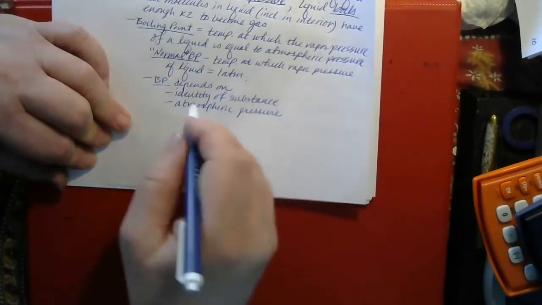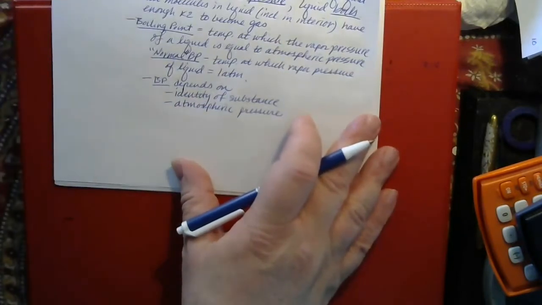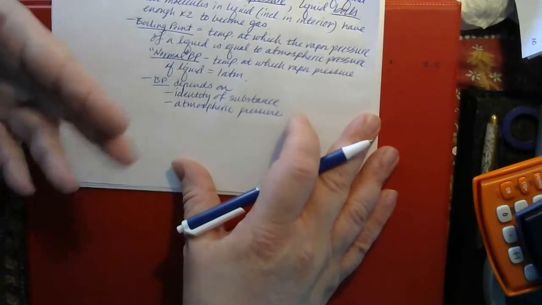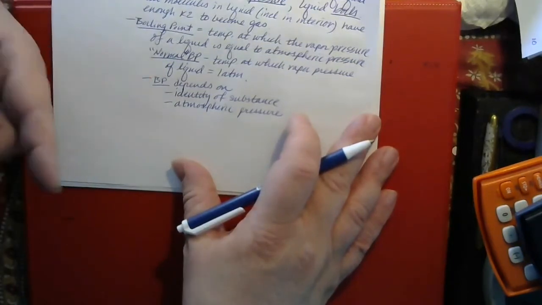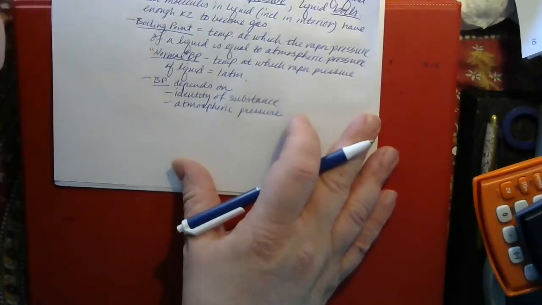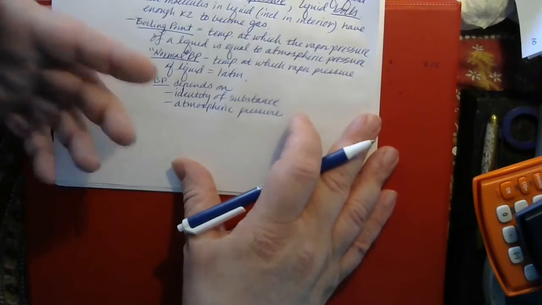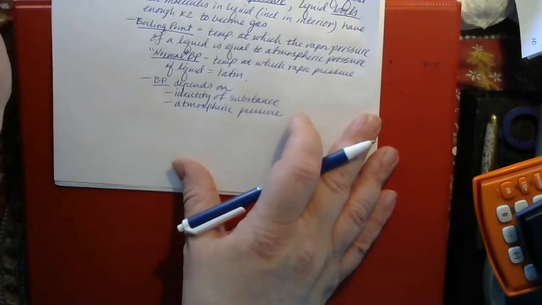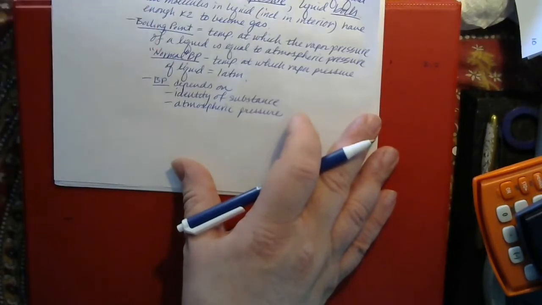I think I mentioned before about how places like Denver, Colorado, that are far above sea level have to have special cooking instructions for anything that involves boiling water, because their atmospheric pressure that far above sea level is significantly less than it is at sea level. And so you need less heat to boil water in Denver than you do here in Buffalo.